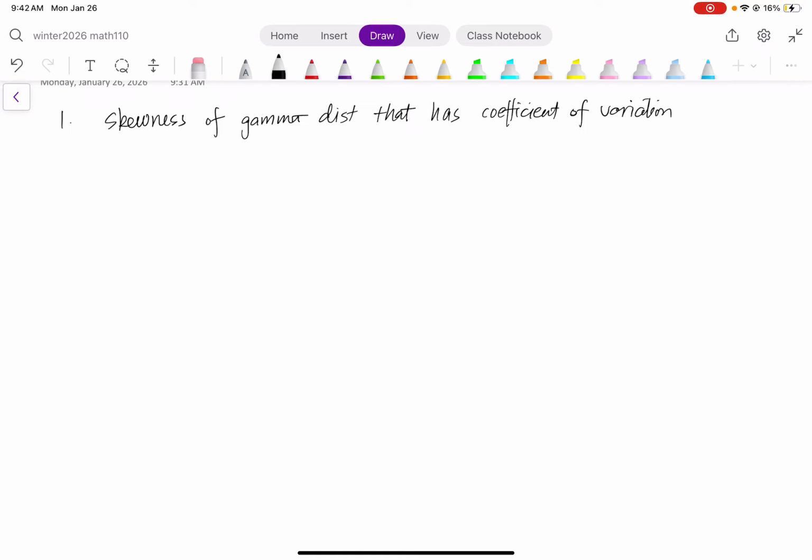The example I gave in class was 1. Then I asked you to do a question where it's the square root of 2 over 2, and asked you to calculate the skewness.